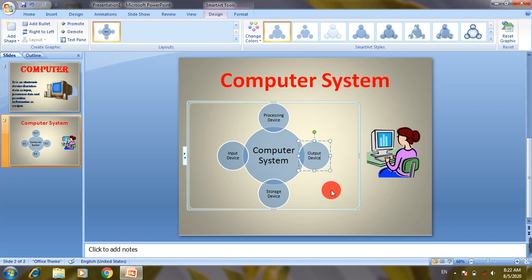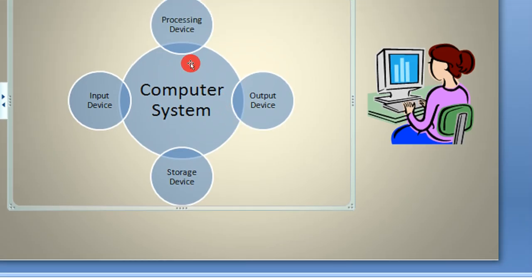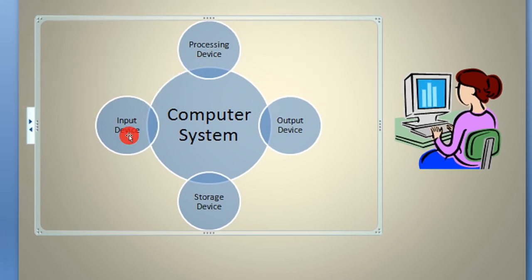Okay, you can easily resize these pictures or shapes as per your wish, so that it will appear clear to everyone. So I'm going to magnify my screen so that you can see it clearly. Now you can see this picture clearly, and I have written all the components of the computer system.